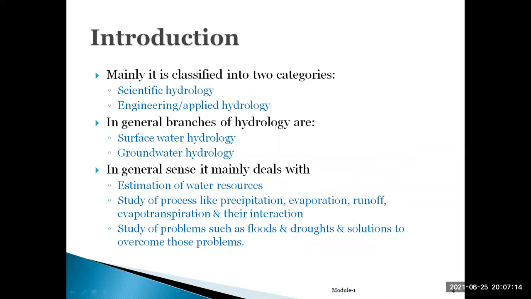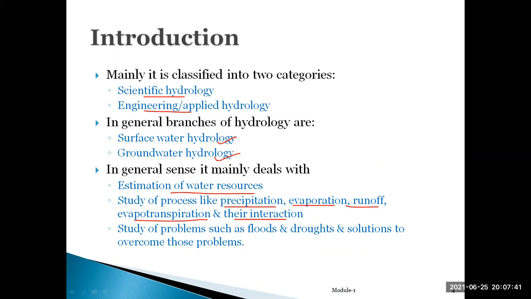Mainly it is classified into two categories, that is scientific hydrology and engineering or applied hydrology. In general, it is also classified into surface water hydrology and groundwater hydrology. It mainly deals with the estimation of water resources and the study of processes like precipitation, evaporation, runoff, evapotranspiration, and their interaction.